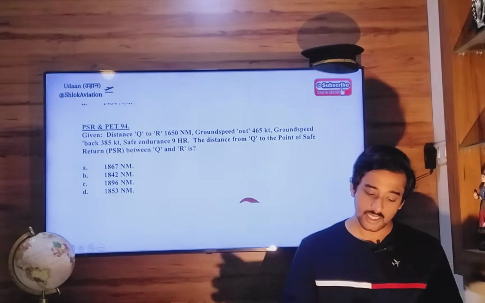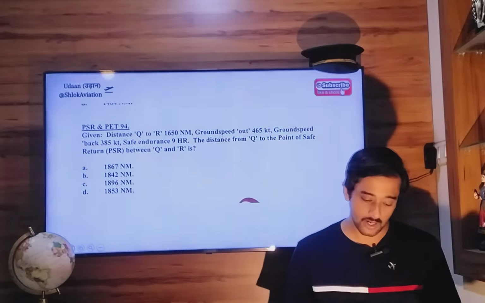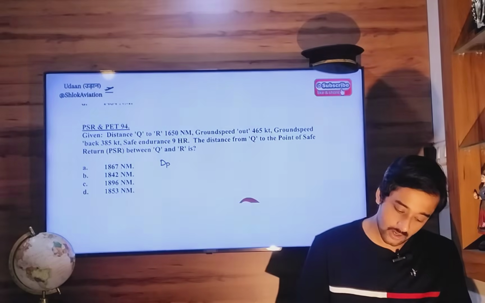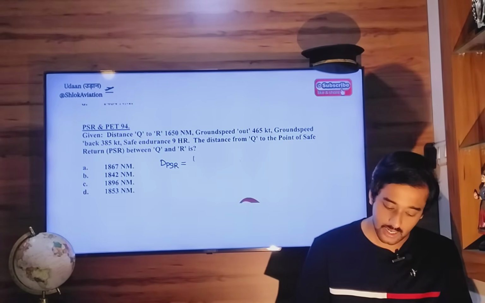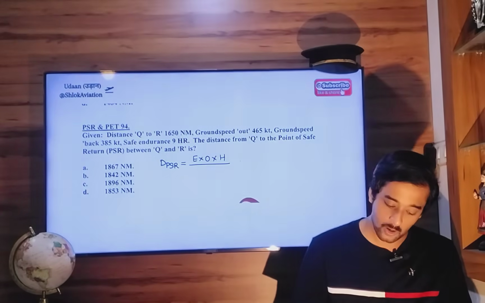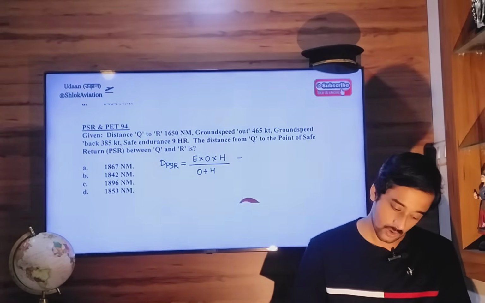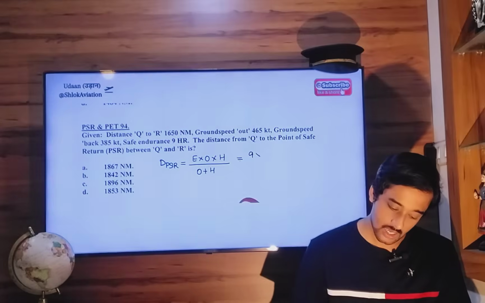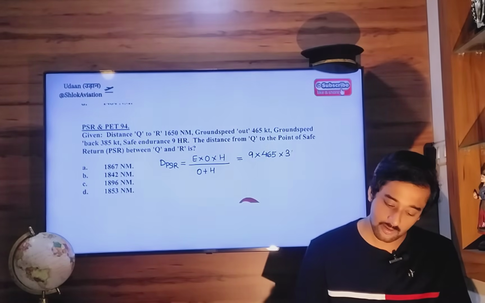Again, what is the distance from Quebec to the point of safe return? So distance to the point of safe return is endurance into outbound into homebound divided by outbound plus homebound. What is endurance here? 9 hours. Outbound speed 465. Homebound speed 385. Divide by 465 plus 385.